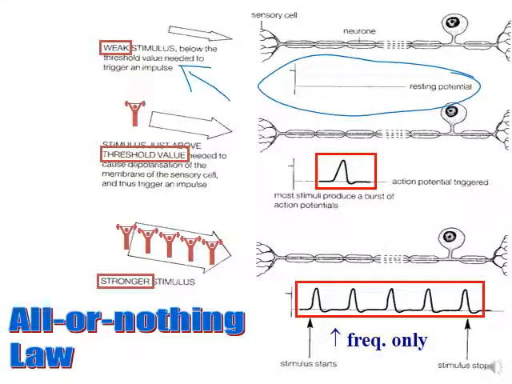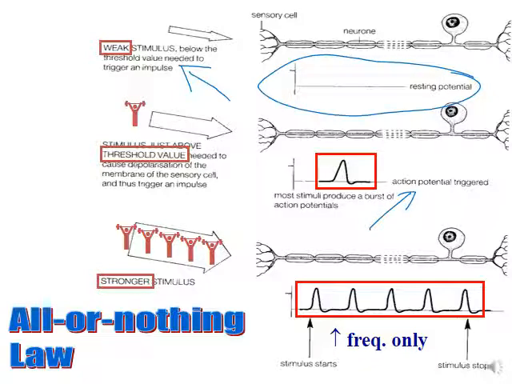While if we have a stimulus just above the threshold, this one is said to be the effective one. So this will cause depolarization of the membrane, and then we have an action potential. This one is called the threshold of excitation. It's the first one to cause an action potential, while the weak stimulus is said to be the ineffective stimulation.